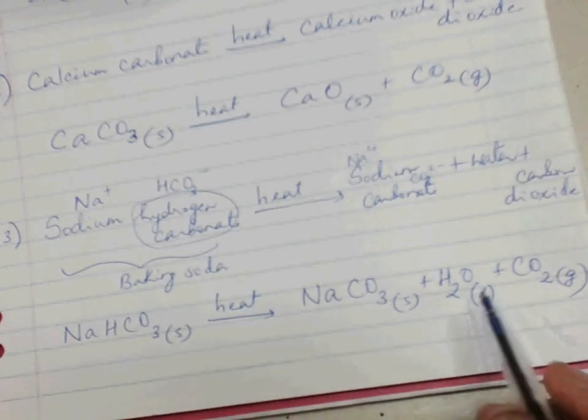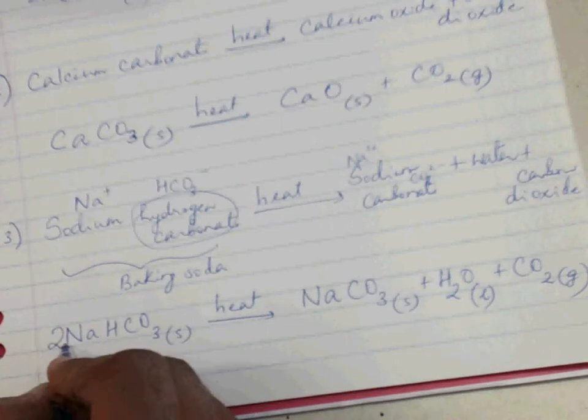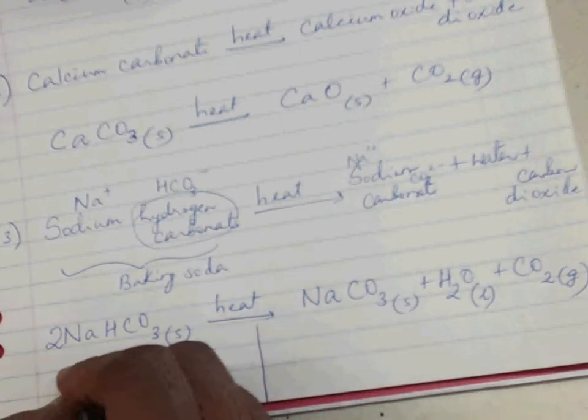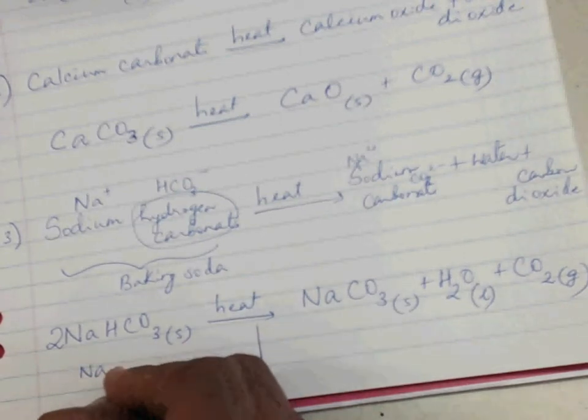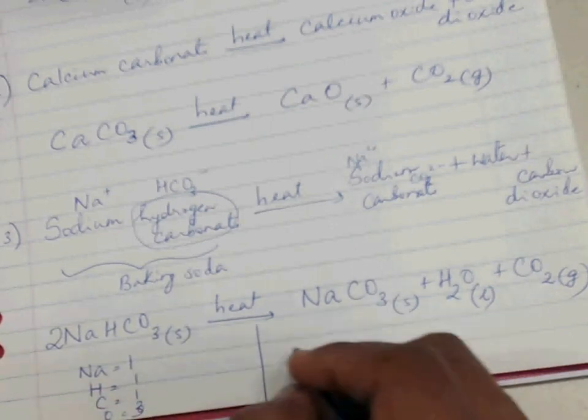I've got three oxygens here, but six here. So if I put a 2 in front here, Na was 1, hydrogen was 1, carbon was 1, and oxygen was 3.